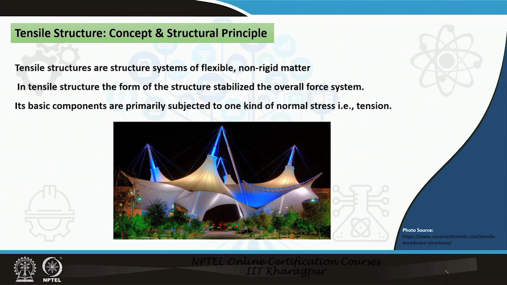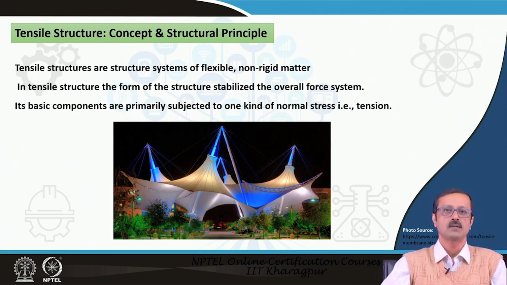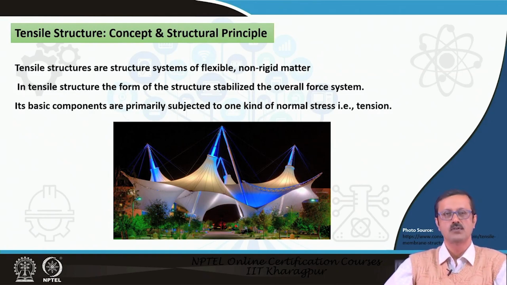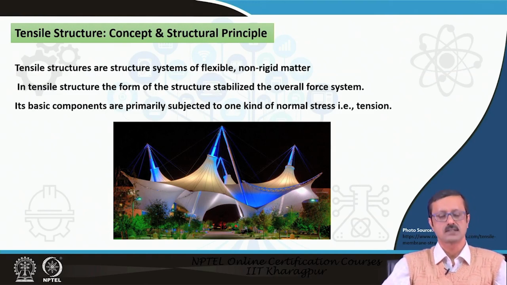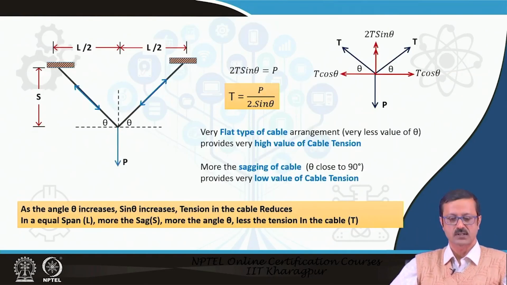The tensile structure will form in such a way that it tries to stabilize the overall forces in that system. As the stabilization of the forces occurs, it develops a typical kind of normal force or normal stress called tension. So through the tensile stress, the total structural system stabilizes its action, and as you all know, this is one kind of form active structural system.